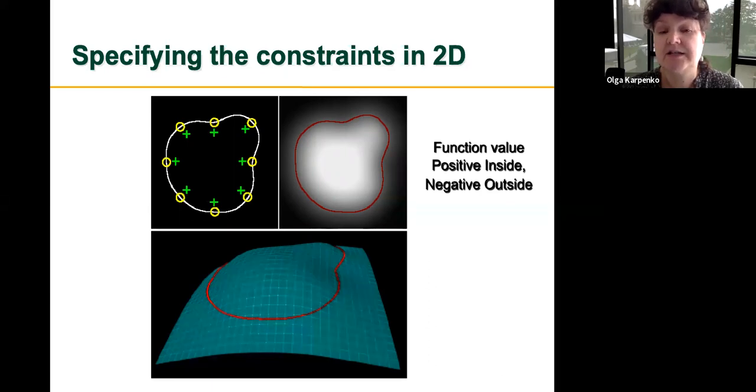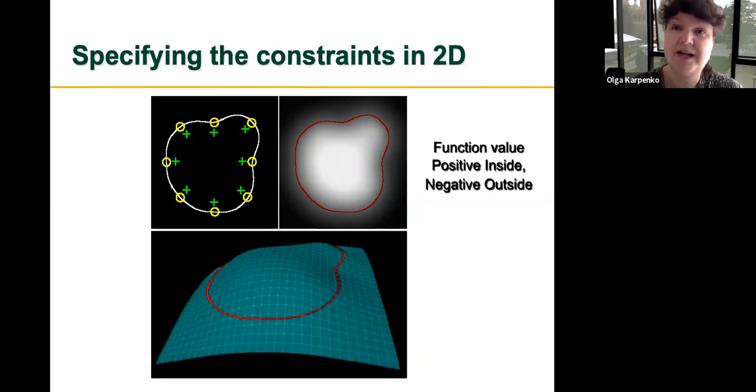They just say that at those points, the function should be positive. Similarly, we could add other points by shifting those yellow circles slightly along the normal outside, and we can say, okay, at those points, we want the function to be negative. And then once we compute the function, we can come up, in this case, with a line that passes through the yellow points, and that's our solution.